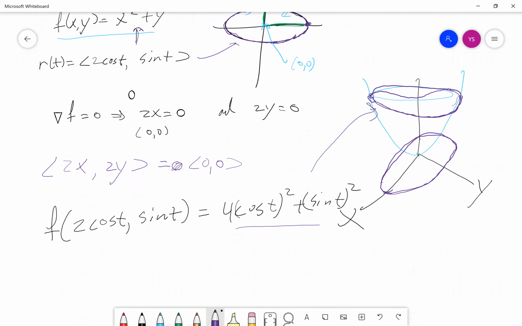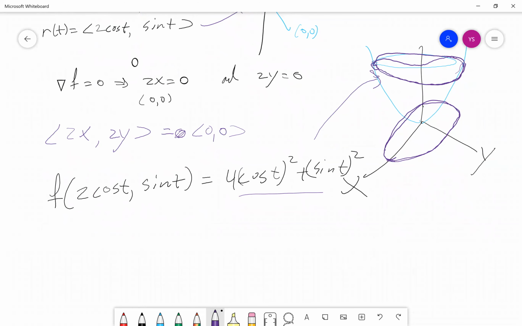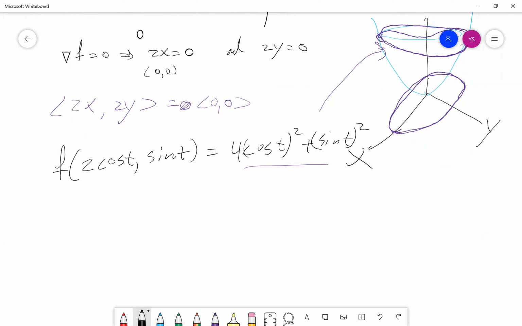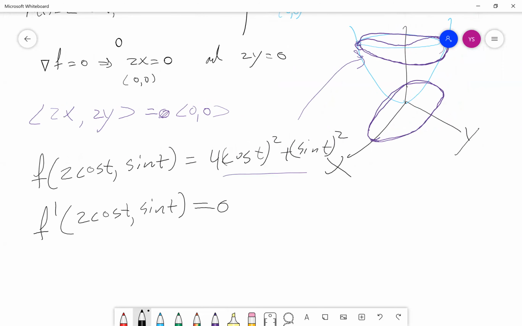So we want to find the minimum and the maximum on this curve. This is a one-dimensional curve, and we would like to find the critical points of this curve. So how do we do that? Well, take the derivative of this new f and set it equal to 0, like any Calc 1 problem, right? Because we can think about this now as being a one-dimensional curve, and we can try to find the maximum and the minimum of this curve.